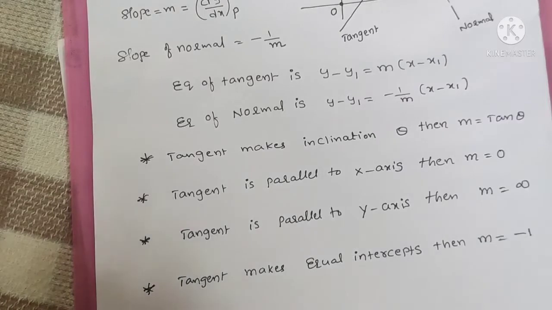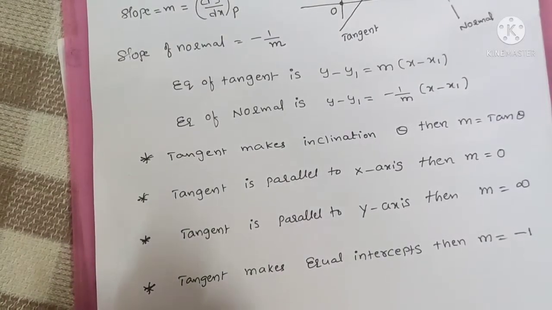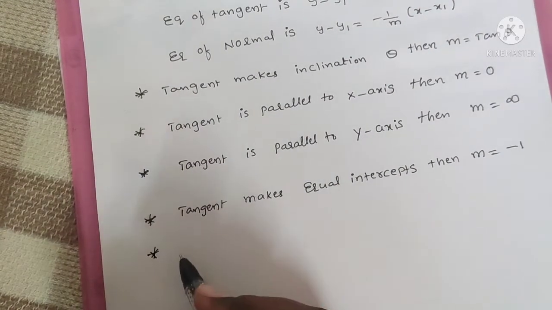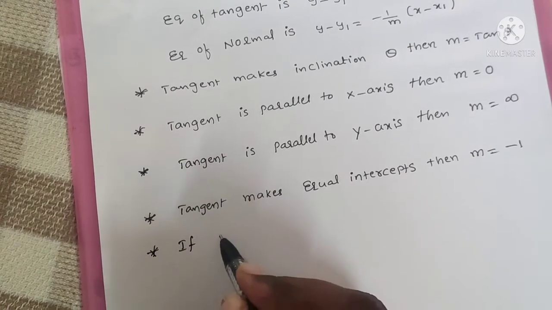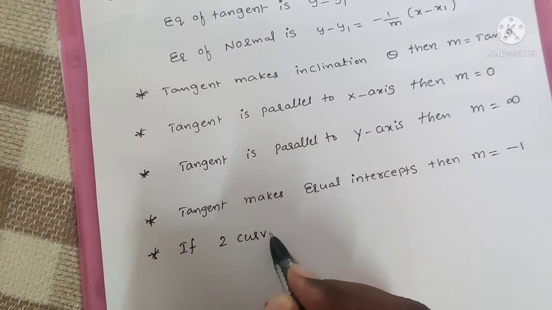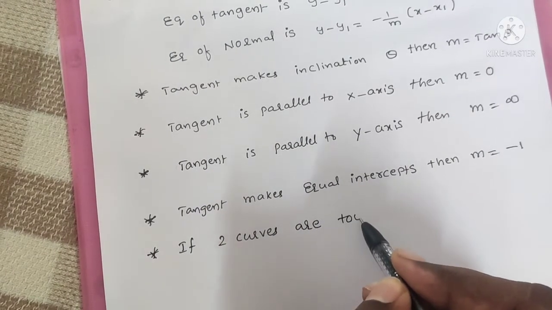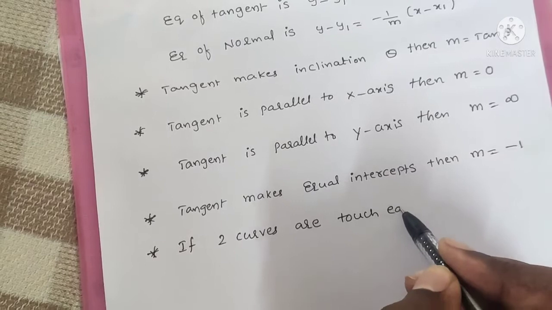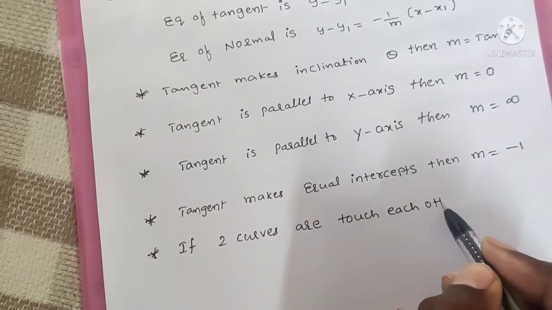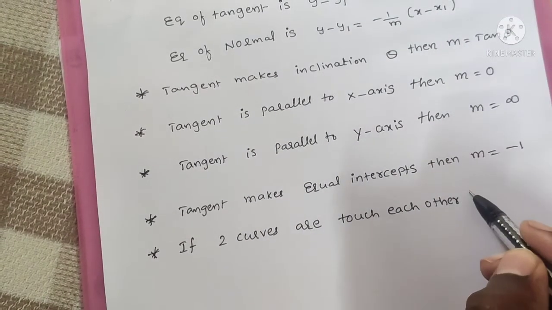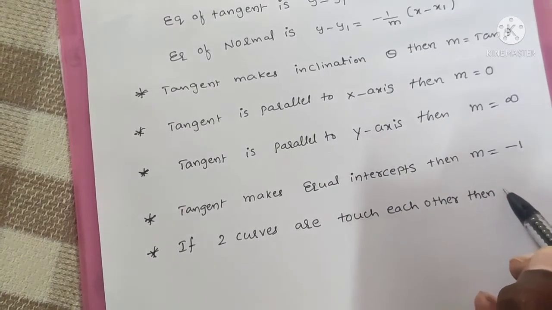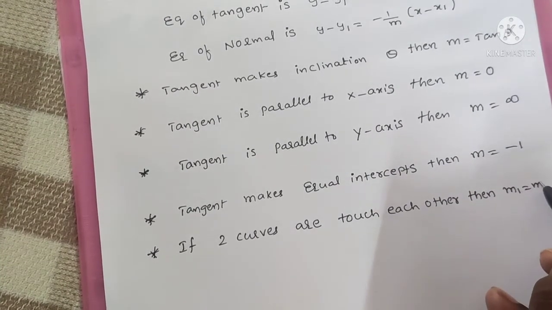And one more. Next point. If two curves touch each other, then the condition is m1 is equal to m2.